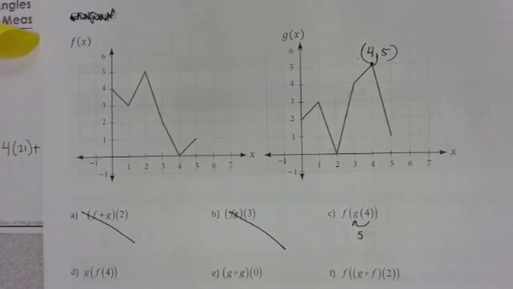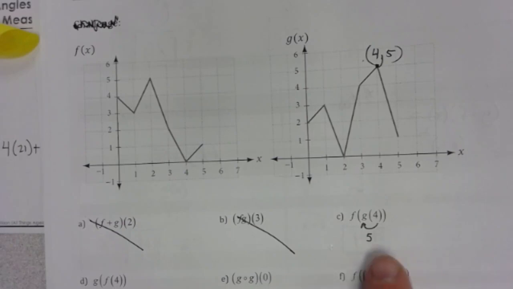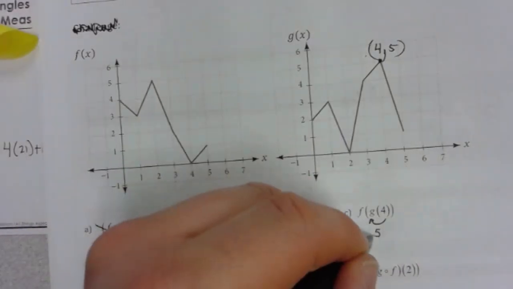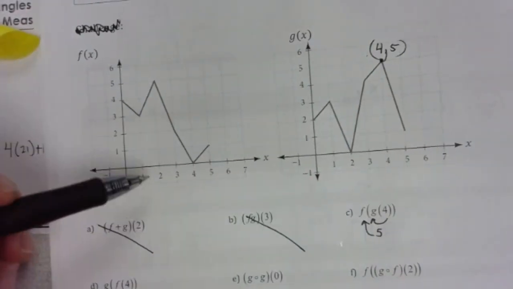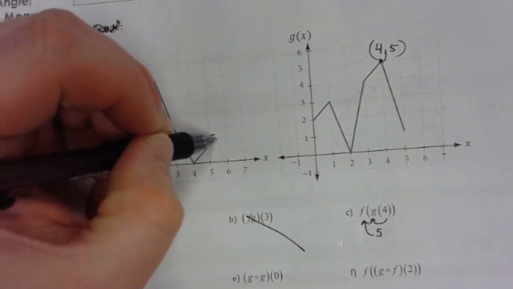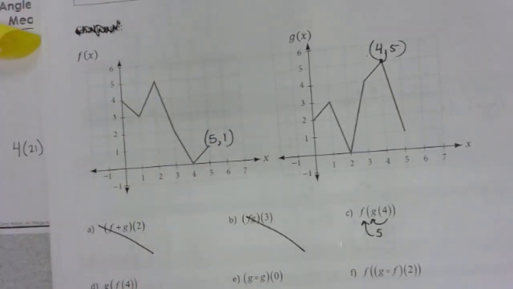Well, now I need to put a number into f. Jack, what number am I putting into f here? For number 3? Or letter C, excuse me. I'm putting a 5 in, right? So now I'm going to take its answer and put it into the f function. So I need to find when 5 is x, what is my y value?